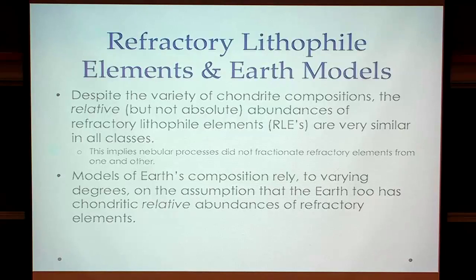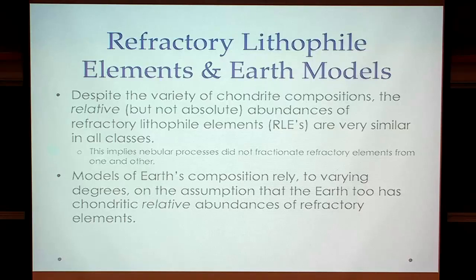Okay, so another important point is that despite the relative variety of chondrite compositions, the relative, although not the absolute, abundances of the refractory lithophile elements are very similar in all classes of chondrites.